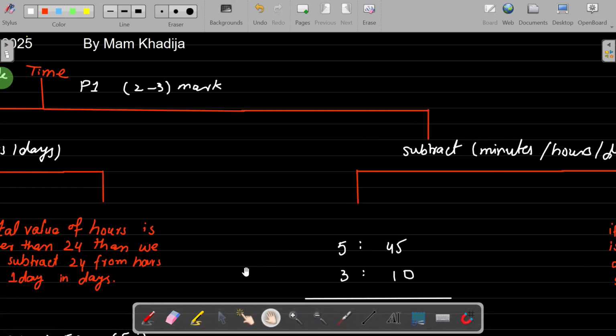There is one more thing which you are going to do. If you want to move from AM to PM, or from PM to AM, then what are you going to do? You are going to add 12 or subtract 12. That is only applicable for AM and PM.